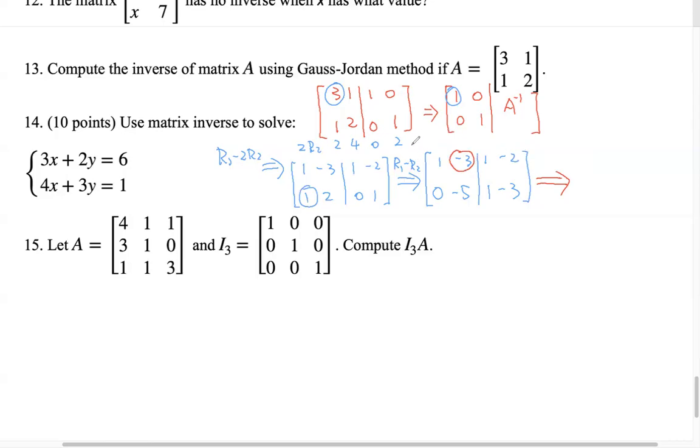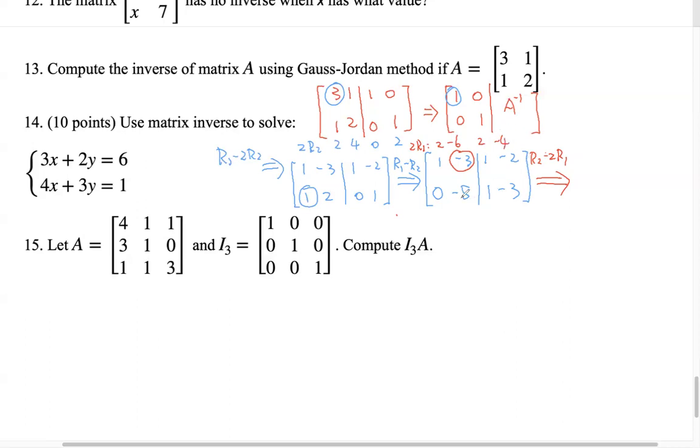Right, we could do negative 5. So we could do R2. Let's do R2 plus minus 2R1. So let's do 2R1. 2R1 is our bridge. So we get 2, negative 6, 2, negative 4.